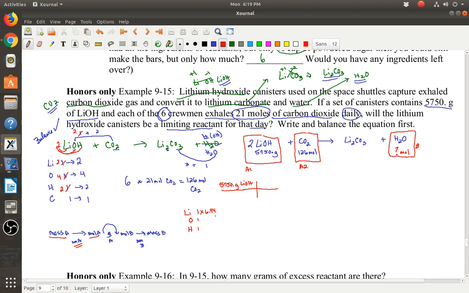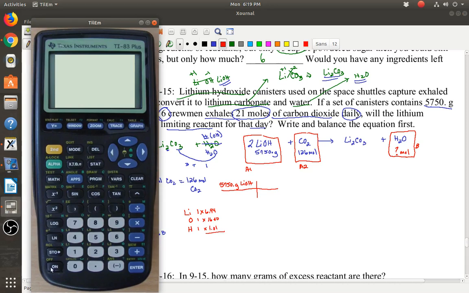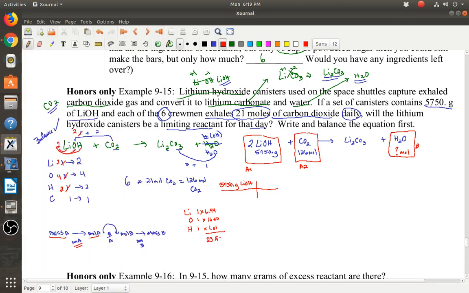So 6.94, oxygen 16, hydrogen 1.01. Okay, so let's add those all together. 6.94 plus 16 plus 1.01, 23.95. That's how many grams per mole. This is the molar mass of A1.